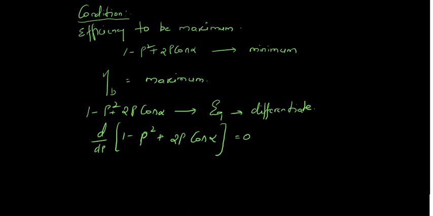Now, if I differentiate it, minus 2 rho plus 2 cos alpha equals 0. Then rho equals cos alpha.